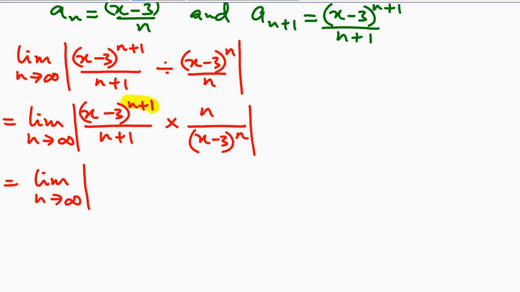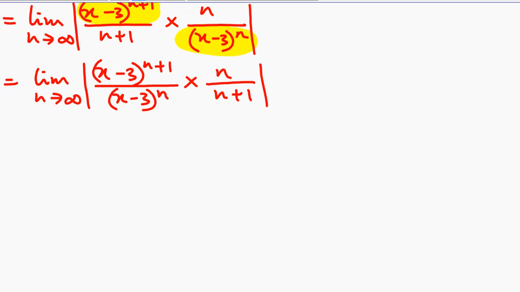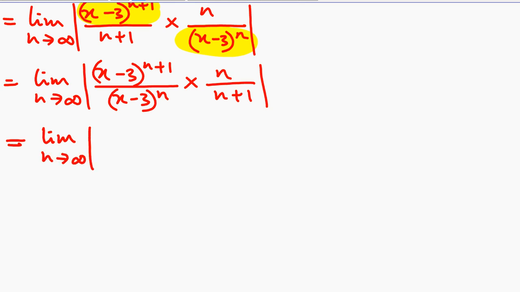I just want to put these together so that we can simplify using indices. x minus 3 to the power n plus 1 divided by x minus 3 to the power n will simplify to just x minus 3.